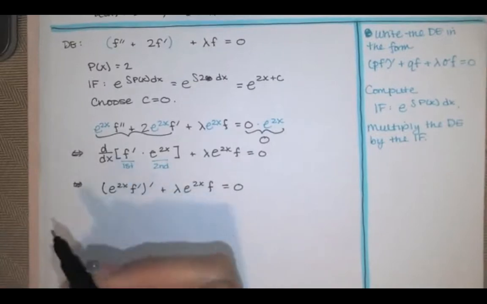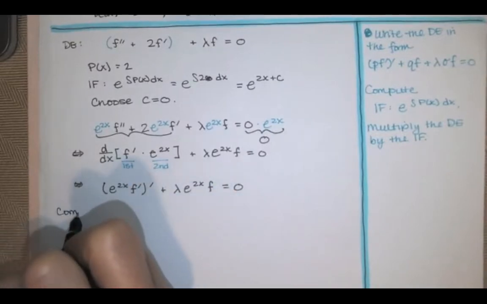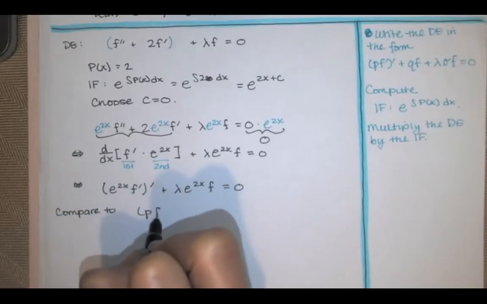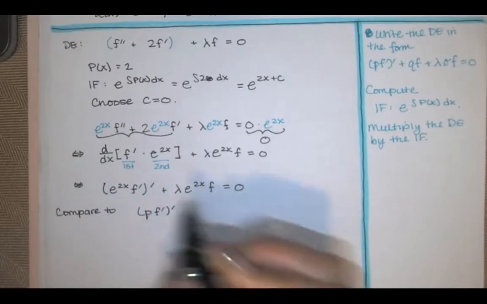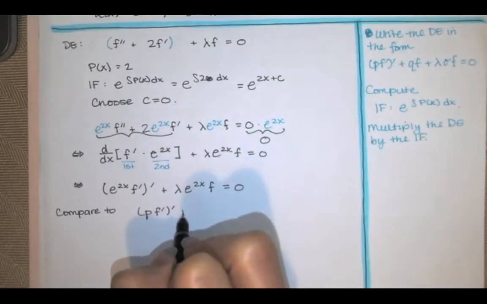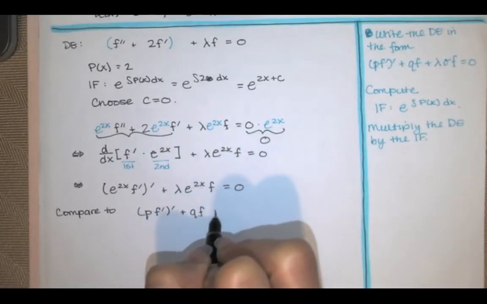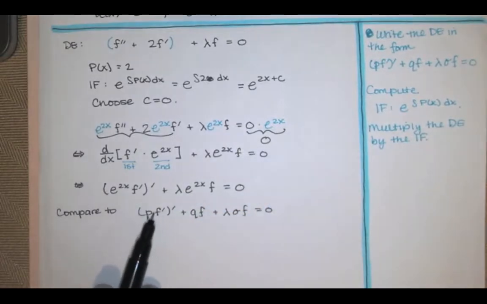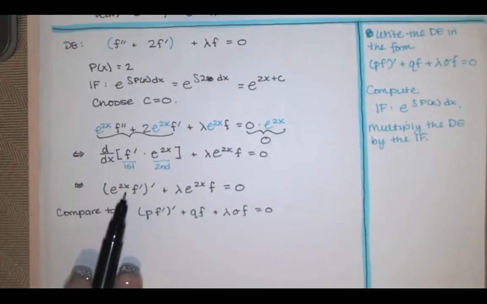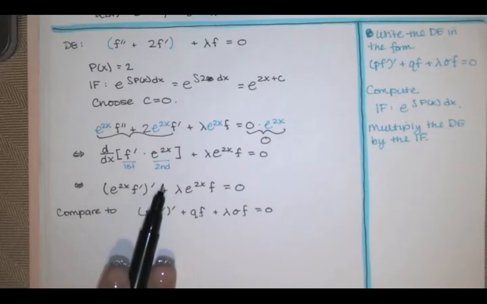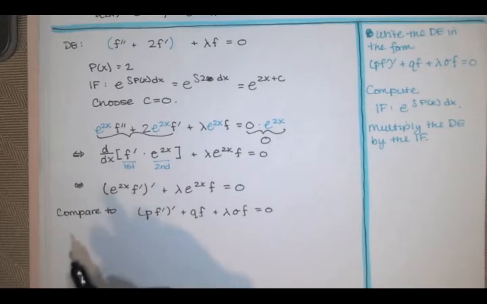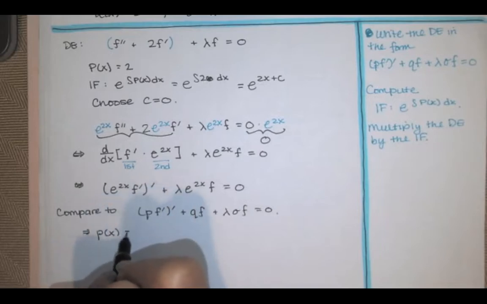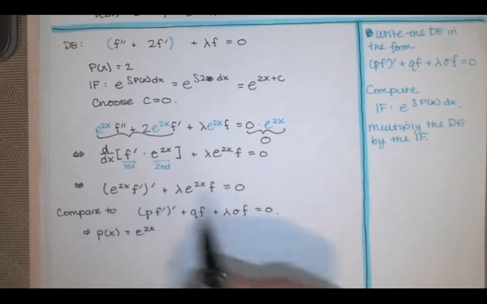So if I'm looking at this and then I'm comparing it to the form of the differential equation in the regular Sturm-Liouville problem, I can see that the function multiplying f prime before we take this derivative is e to the 2x. So in our case, the function p of x is e to the 2x.